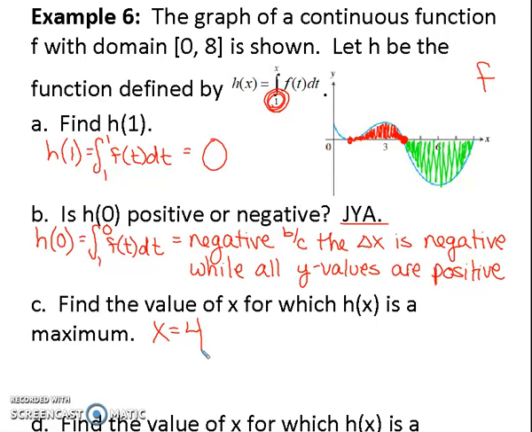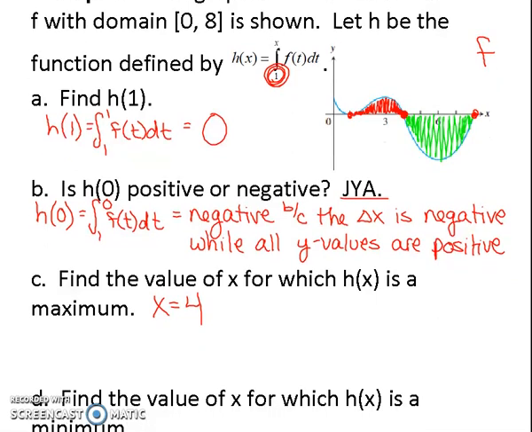Then we start subtracting negative area from it. That green shaded area takes up more space than the red shaded area does. It's just a greater amount. So by the time I get all the way to the end here, I've accumulated way more negative area than positive area. So that would mean that the minimum possible value accumulated would happen at x equals 8.